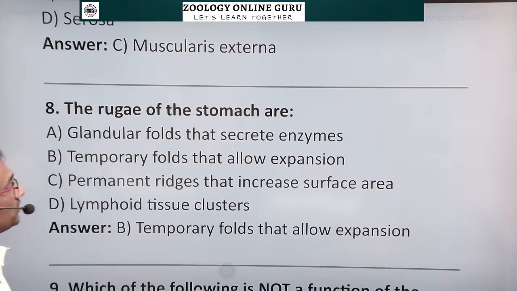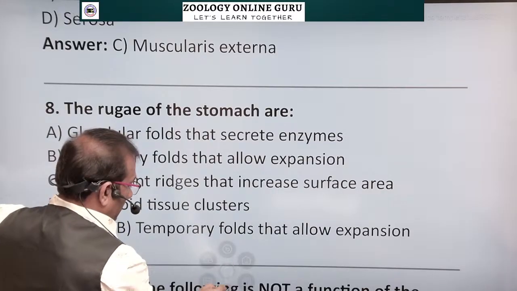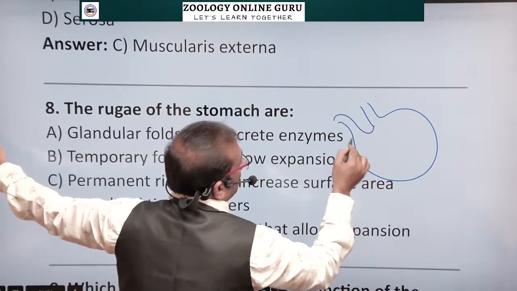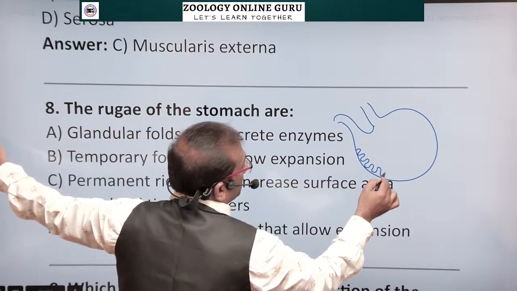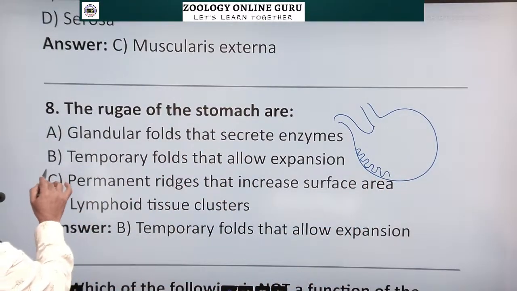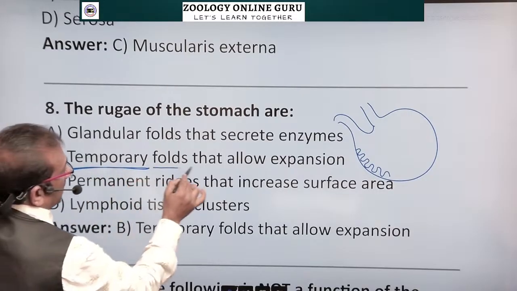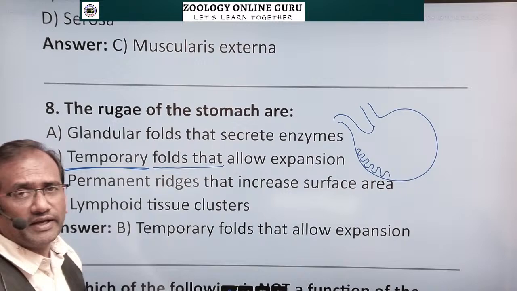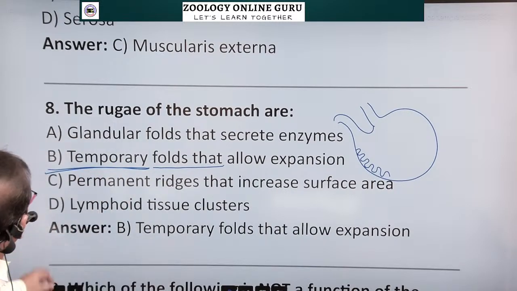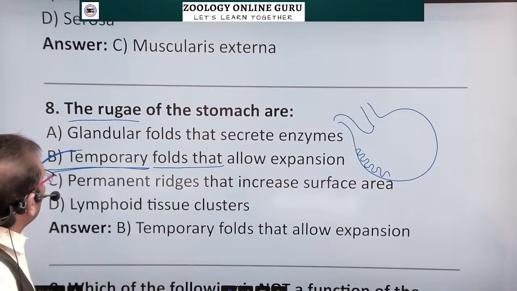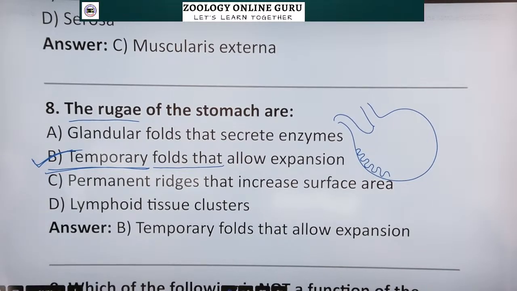In the stomach, some rugae are present, folds are there, temporary folds. So the answer is temporary folds that allow the expansion, increasing the size of the stomach. So the answer is B.